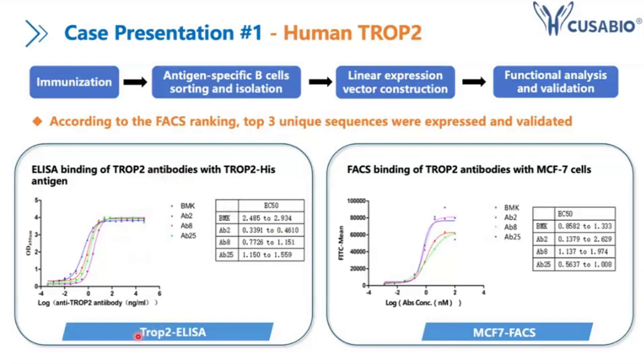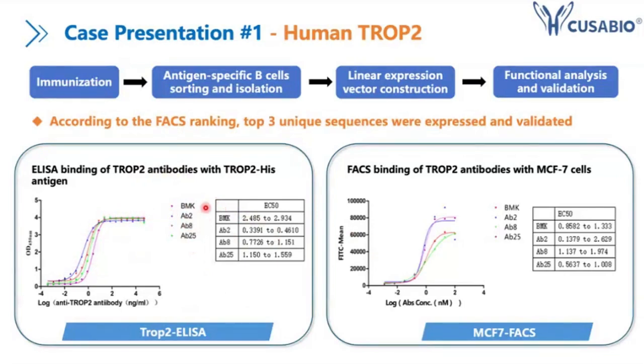BMK is the benchmark control. You can think of the benchmark antibody control as a positive control. You see that we have the 3 candidates that we selected. They have very good performance, as good as the control.